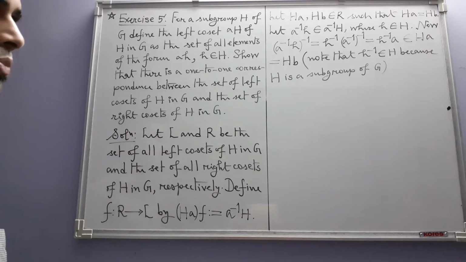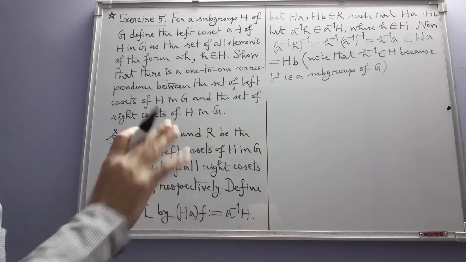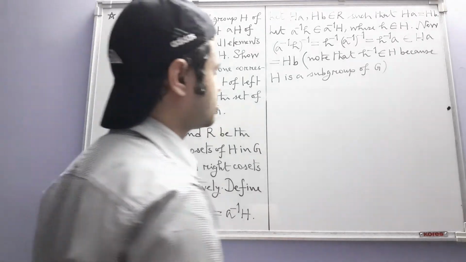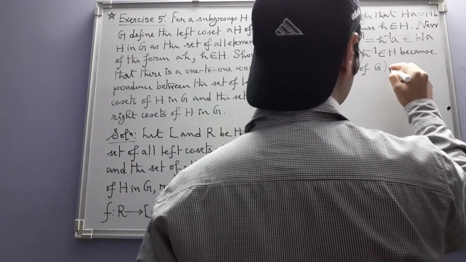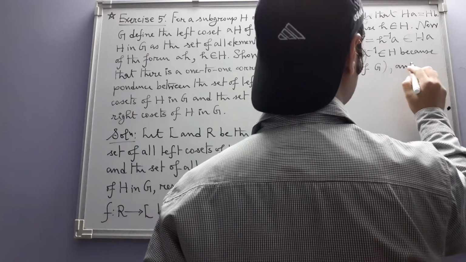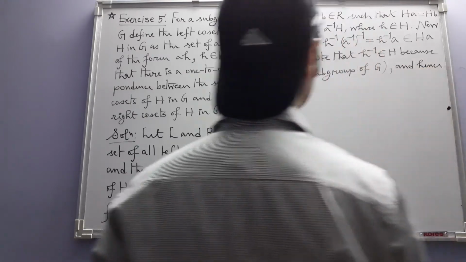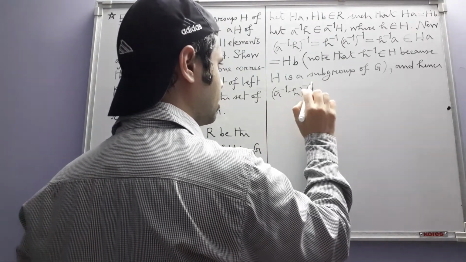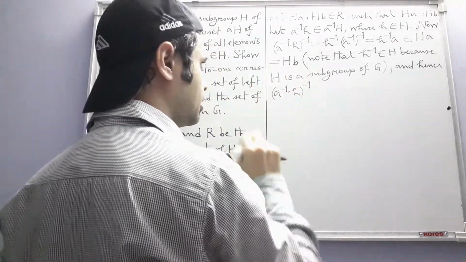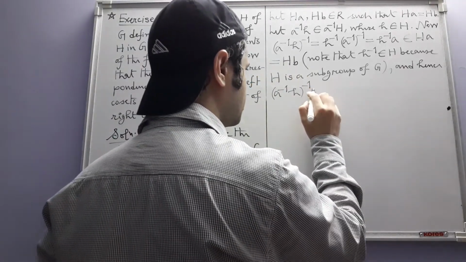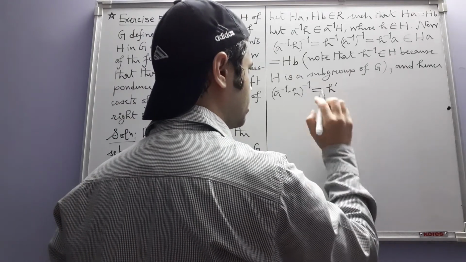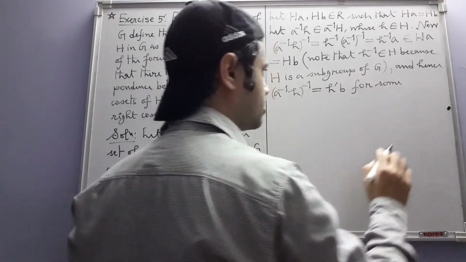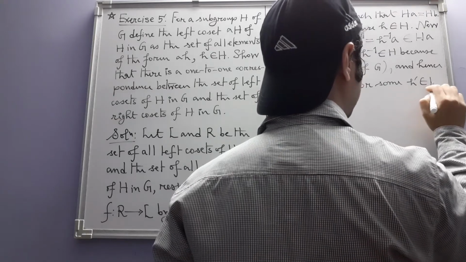The more we go ahead, the less we will write such justifications, because by then we will have become accustomed to such things. So this is equal to Hb, and hence a inverse h inverse, since it now belongs to the right coset Hb, will be equal to h prime b for some element h prime belonging to H.